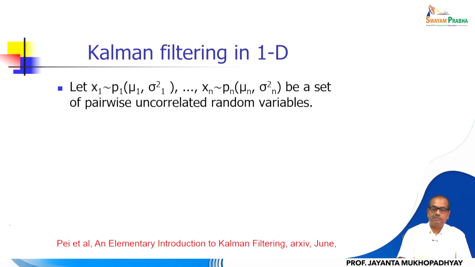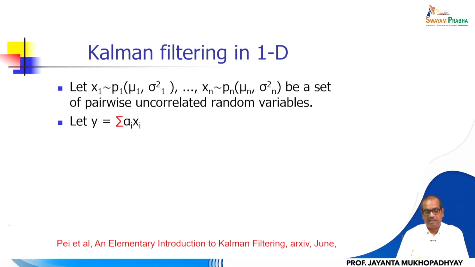Suppose you have a set of pairwise uncorrelated random variables. That means you have n such probabilistic estimates, x_1 to x_n, and they are all pairwise uncorrelated.